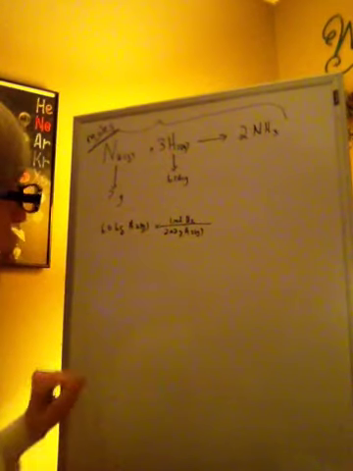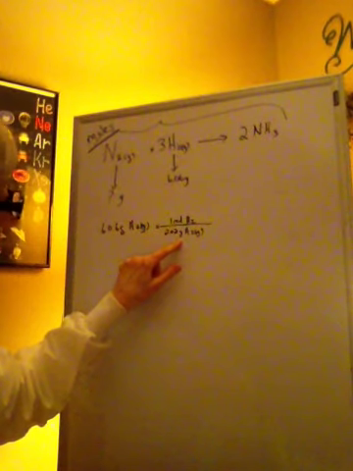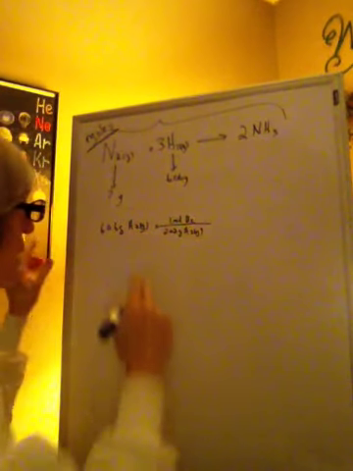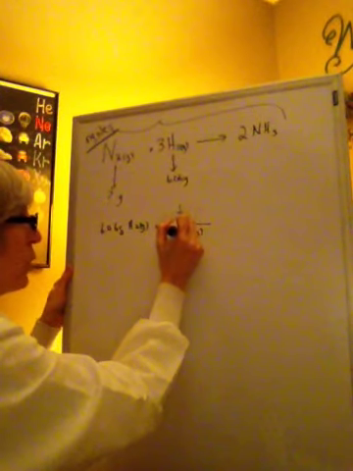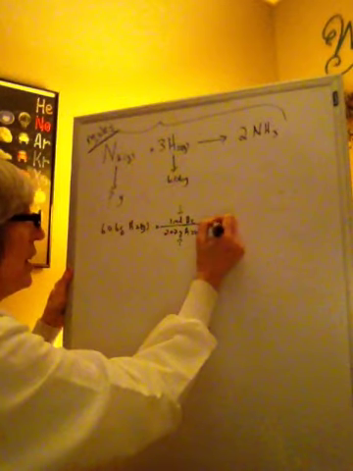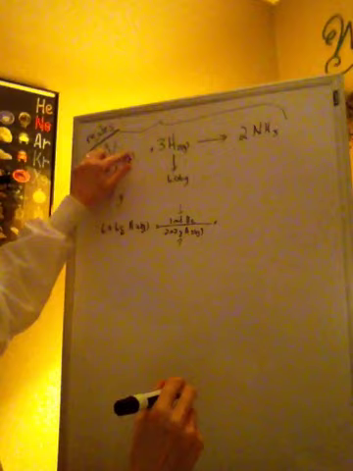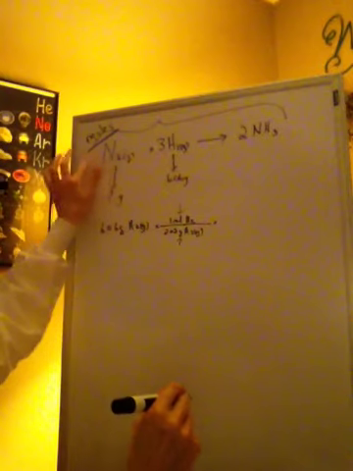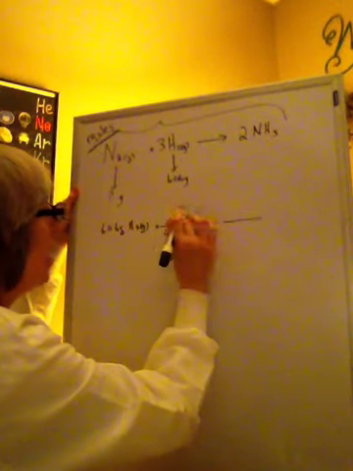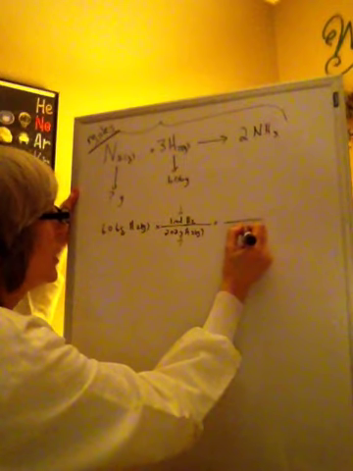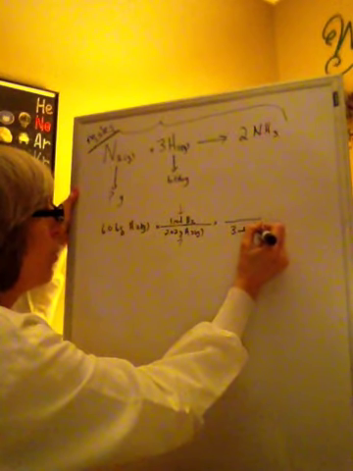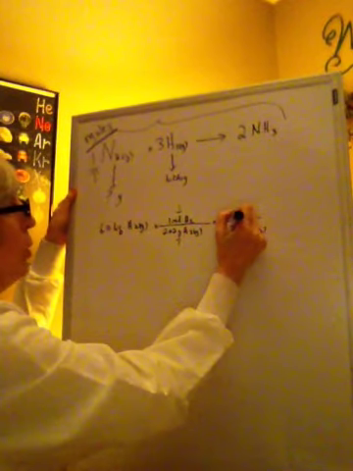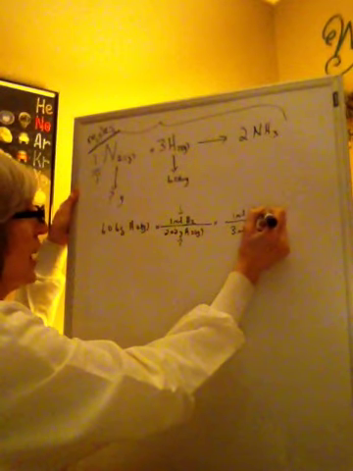As you can see, I'm putting into practice labeling my units and labeling my compound, whether it is a compound or an element. My unit here is moles, my unit here is grams. Now I'm going to move to canceling out my mole of hydrogen gas by relating these two. 3 moles of hydrogen gas in this problem is related to 1 mole of nitrogen gas.